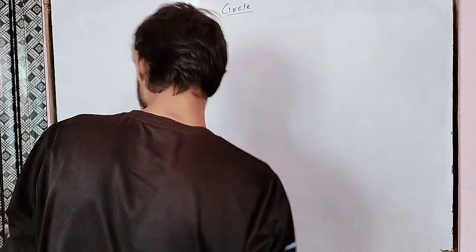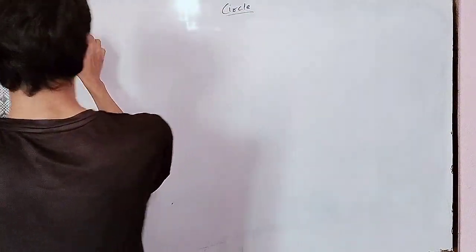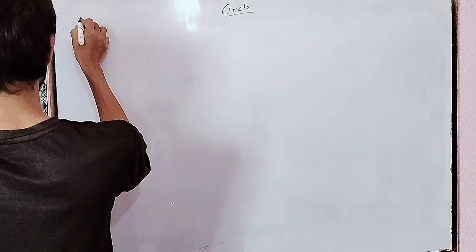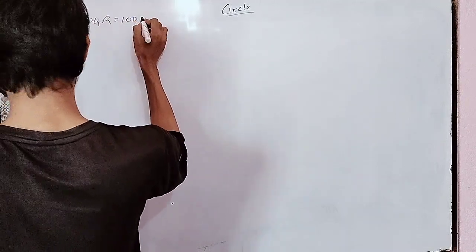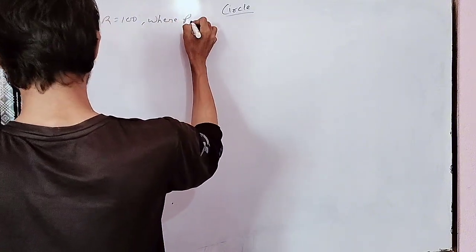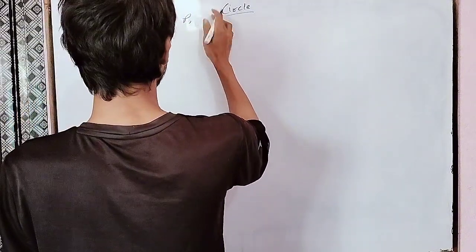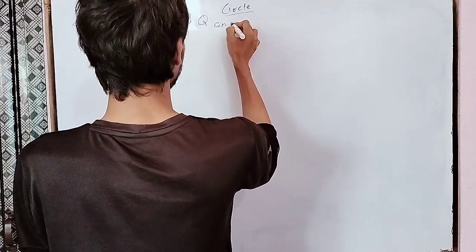Now the next question. I want to draw, okay, angle PQR is 100, where P, but here I would say the diagram is given by the question.